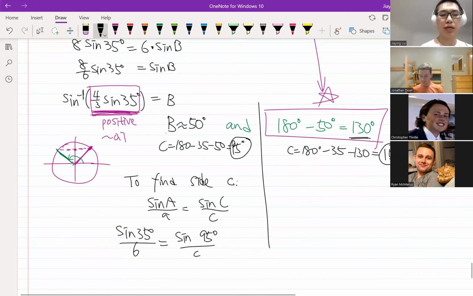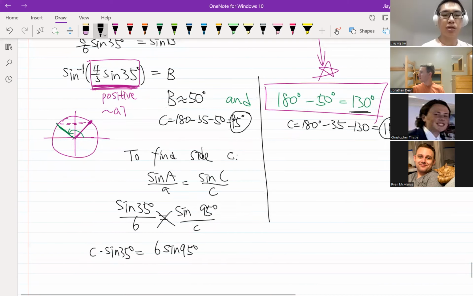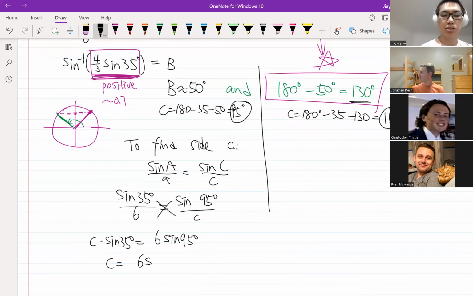So cross multiply and solve for C. C times sine 35 degrees equals 6 sine 95 degrees, so C equals 6 sine 95 degrees over sine 35 degrees. In this case, C gives us 10.4.